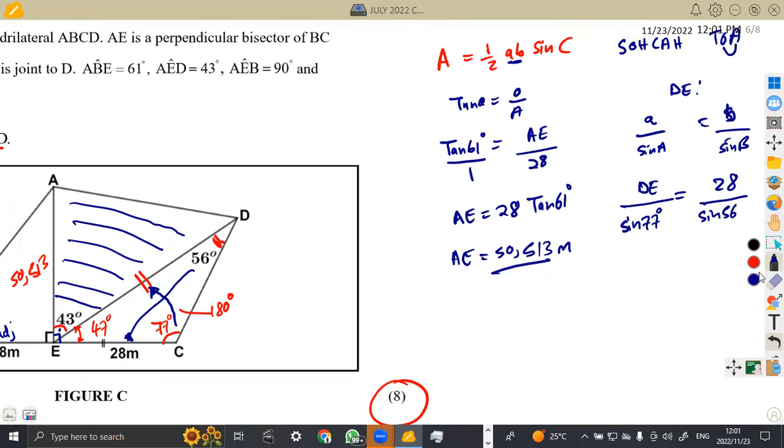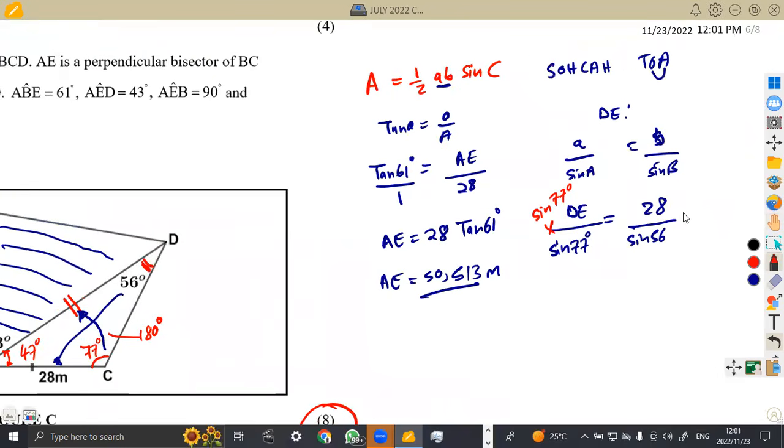So to find DE, we can multiply by sine 77 on both sides. So this can cancel. We have our DE being equal to 28 sine 77 degrees over sine 56 degrees.